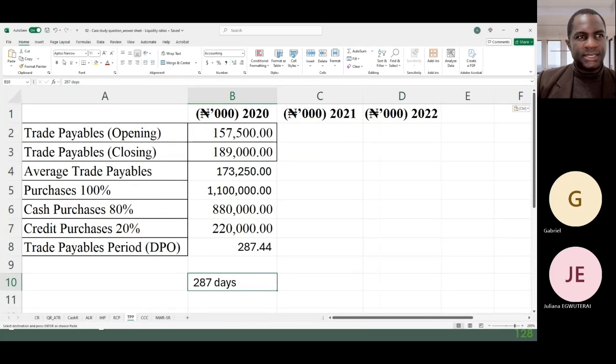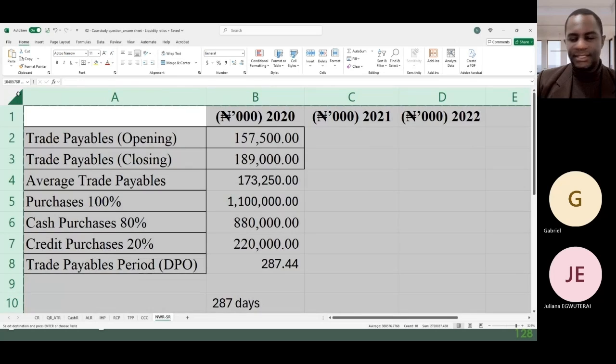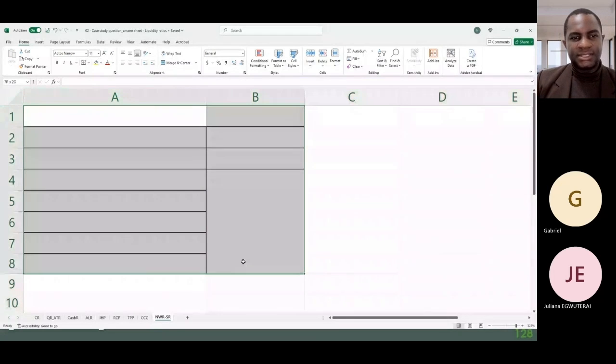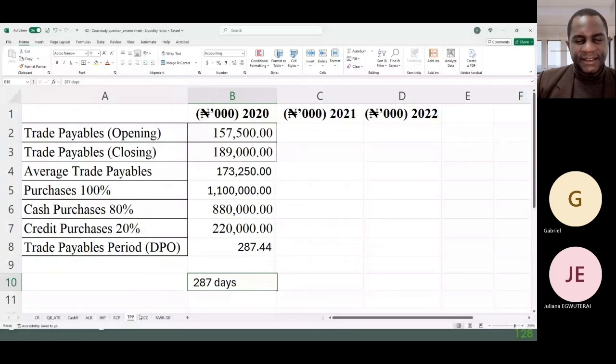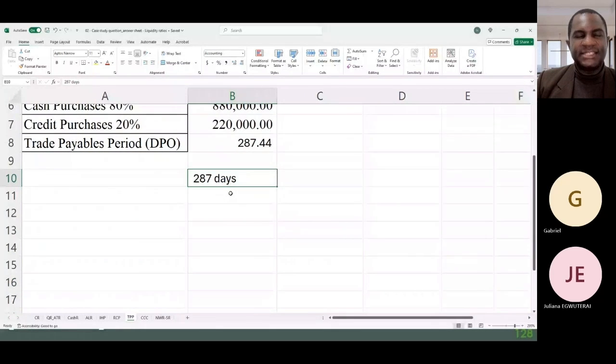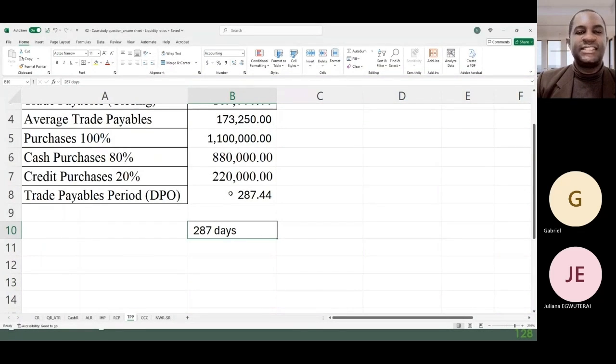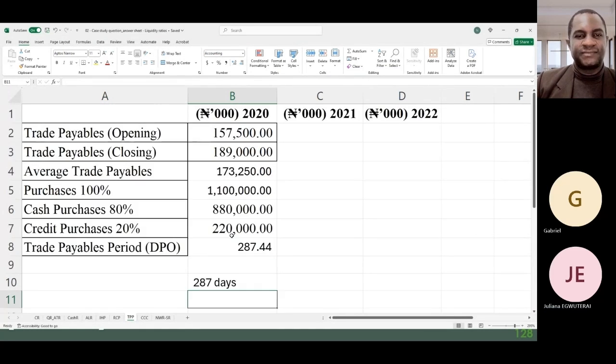So can we convert the days to months and years? We have 365 days in a year. So how many days is 287 days? I'm looking for how many months, how many years.